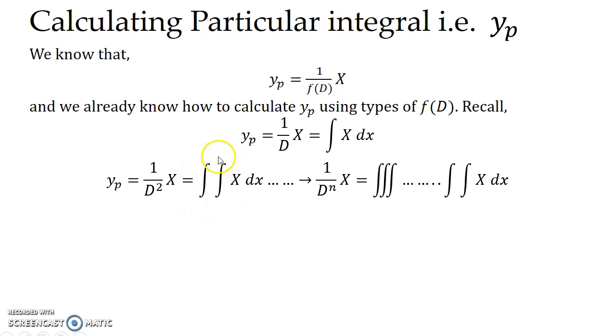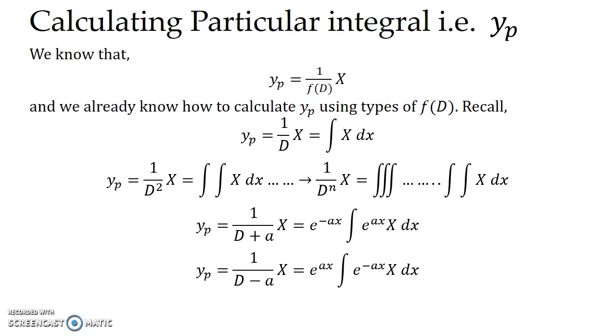Please remember that this is not a double integration, but a successive integration. That means you integrate x once and then twice. In a similar way, 1 upon D raised to n operating on x is the integration of x n times. So this is not n integrals, it is the successive integration of x carried out n times.